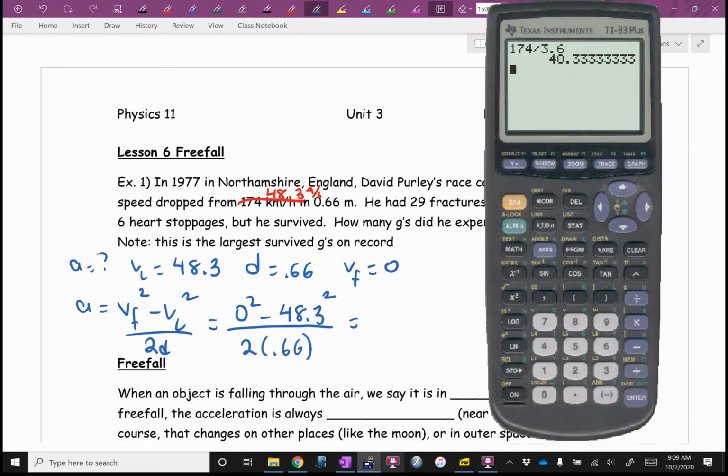We're going to get a negative answer because he's most definitely slowing down. 0 squared minus answer button squared. Close off the top. Divided by, open up the bottom, 2 times 0.66.